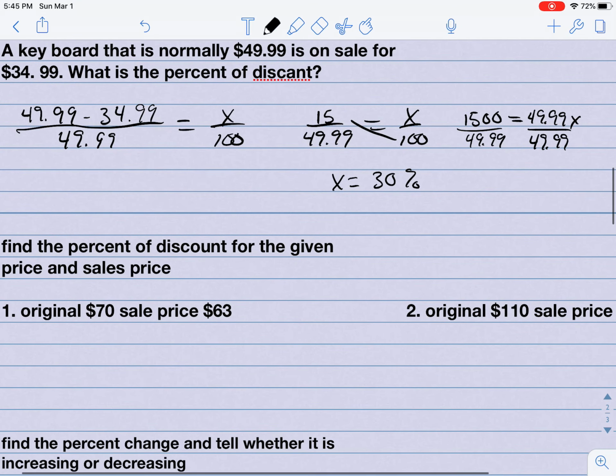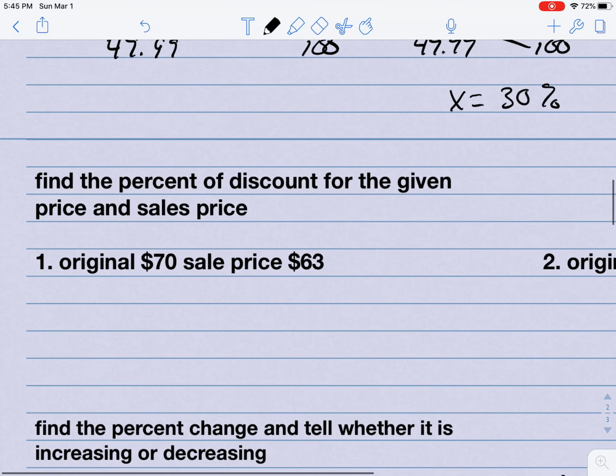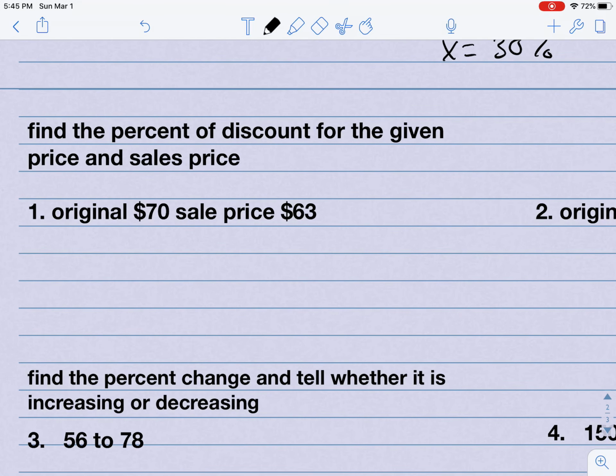So we've got a couple more here that we're just going to do. Find the percent of discount for a given price and sale price. So original is 70, sales price is 63. So when it's a decrease, it is the original minus the sales price over original is equal to x over 100. So 70 minus 63 gives us, not 13, gives us 7.